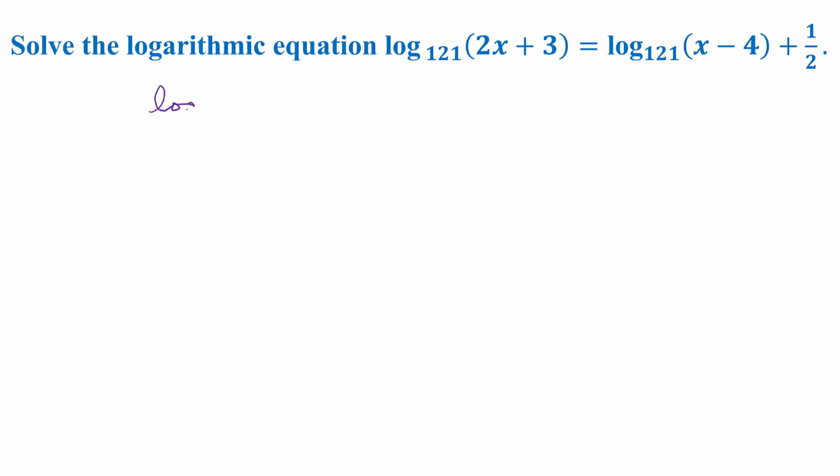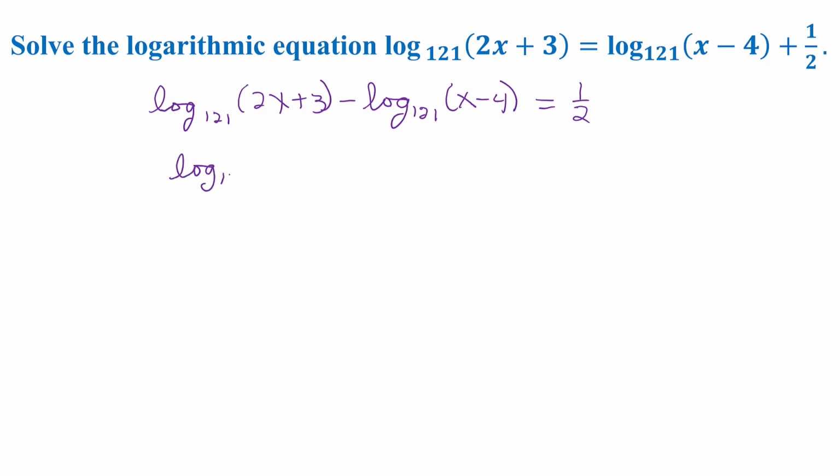Then on the left side, that results in log to the base 121 of 2x plus 3 minus log to the base 121 of x minus 4, and then equals 1/2. Okay, combining these logarithms, I can use the difference property to get log to the base 121 of 2x plus 3 over x minus 4.